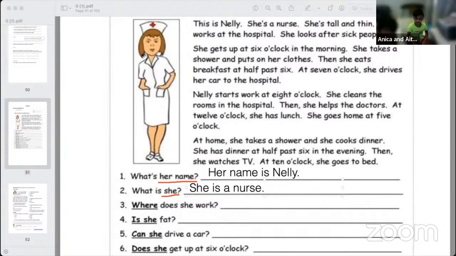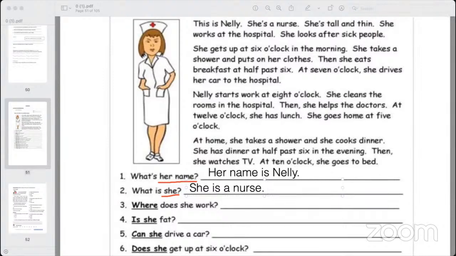I'm sure you guys have done comprehensions before, but you just have to remember not to write your answers in one word. It's easy to write in one word, but learning how to write in a full sentence is the key.